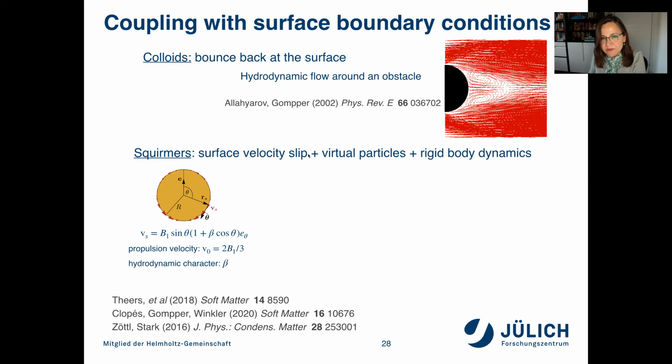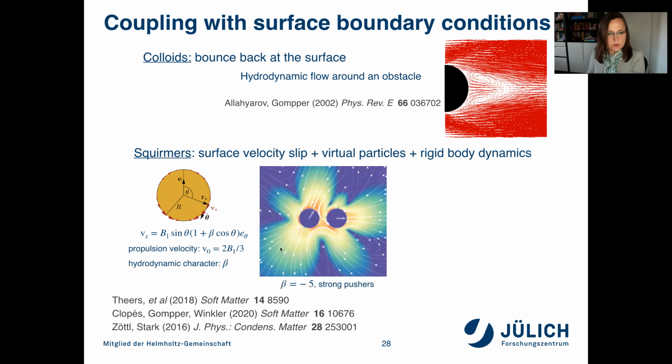Besides the surface velocity slip, the same as was happening with the flow field, you need the presence of virtual particles to have a more adequate velocity slip. Furthermore, if you want to let this system move, you have to take into account the rigid body dynamics of the colloids. There is quite some literature about this.